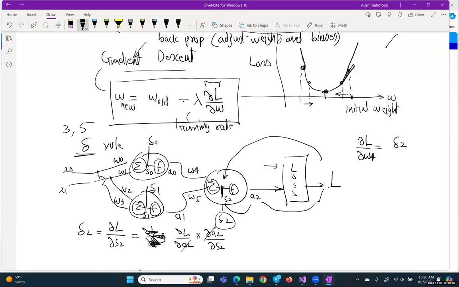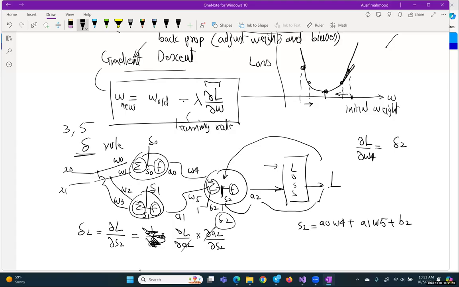Remember, if we take a look at this S2, what will be the value of S2? S2 will be A0 W4 plus A1 W5 plus B2, right? There will be a bias over here, let's call it B2. Correct? Now take a look.